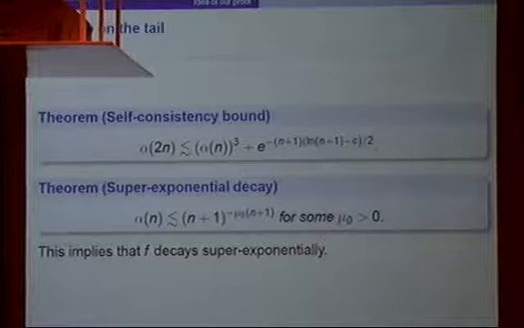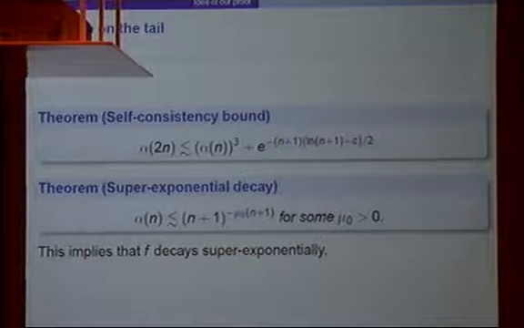That is bounded by alpha of n to the third plus such a nice super exponential term sitting there.